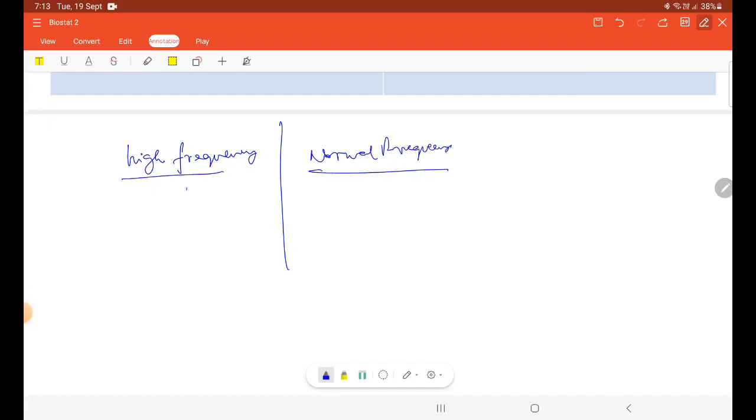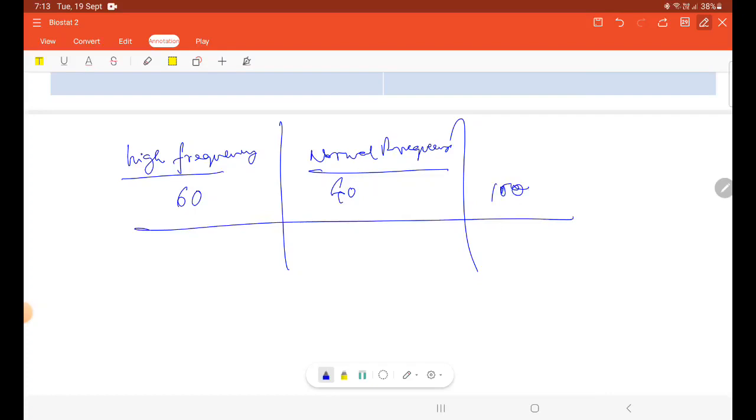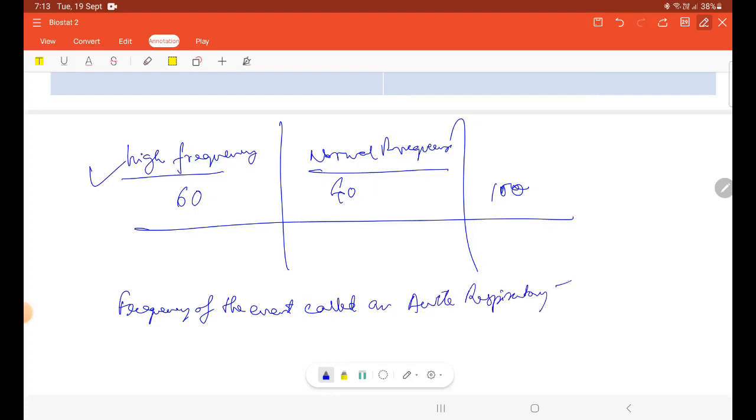So out of 100, say 60 having high frequency, 40 having normal frequency, total children are 100. So here we are measuring, among the children in that slum area, the frequency of the event called acute respiratory tract infection, right?